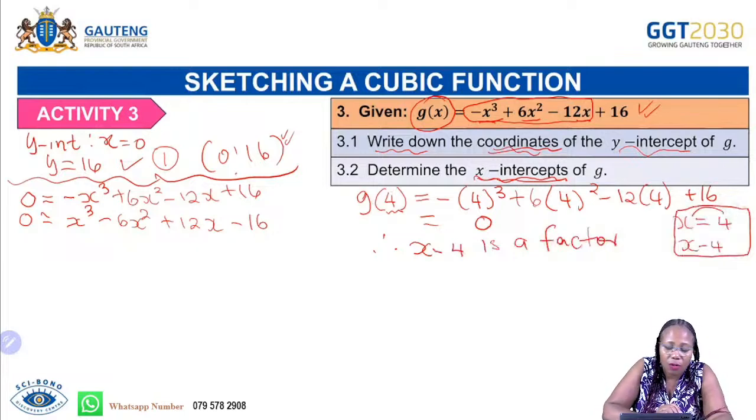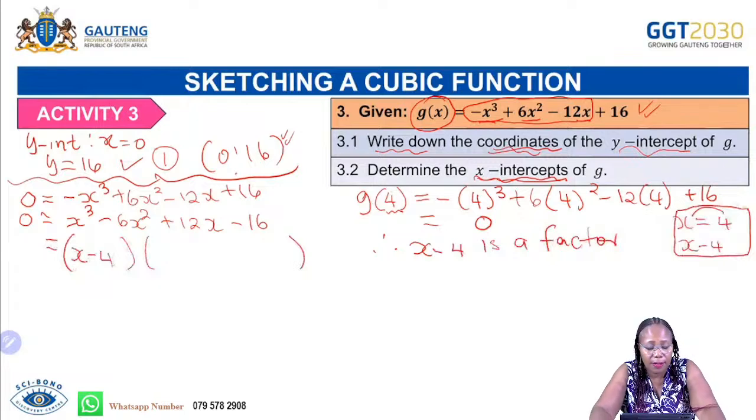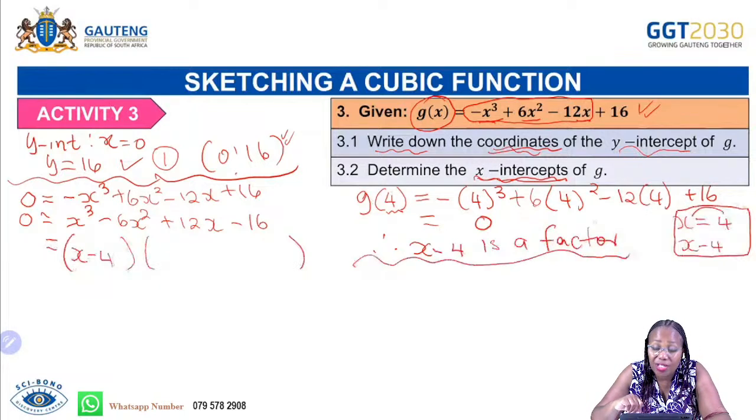How do we do that? We are going to write down our first factor, x minus 4, and then we open a bracket for the trinomial. Now I'm using the method they call the inspection method, but I find it well if we call it the short method of finding these values. Others are using synthetic division, it's fine.